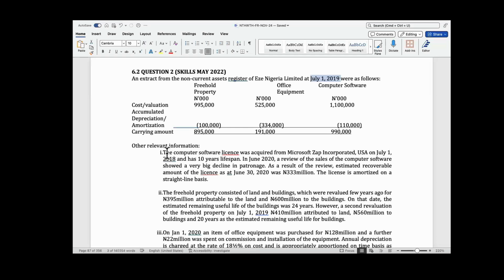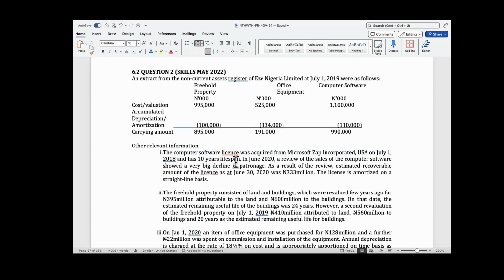And since they told me that this asset was acquired on 1st of July 2018, if I'm preparing my account in June 2020, I know that they acquired these assets 2 years ago.